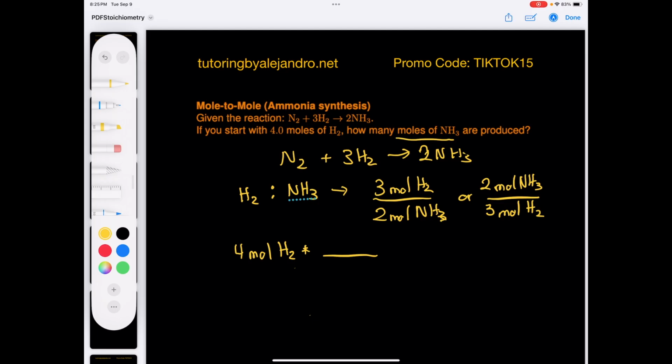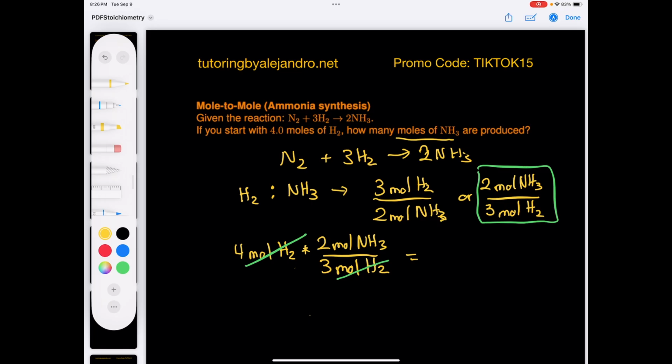So we'll use this one: 2 moles of NH3 divided by 3 moles of hydrogen. Since we have moles of H2 up here and moles of H2 down there, they cancel out, and the unit I'm left with is moles of NH3.